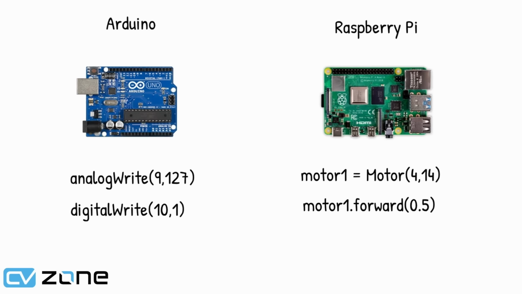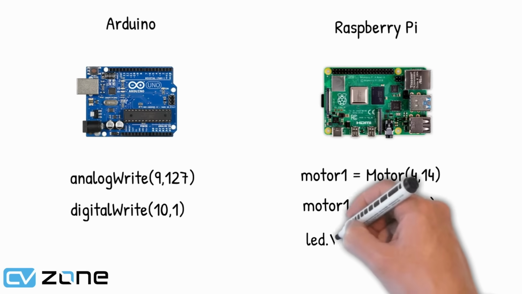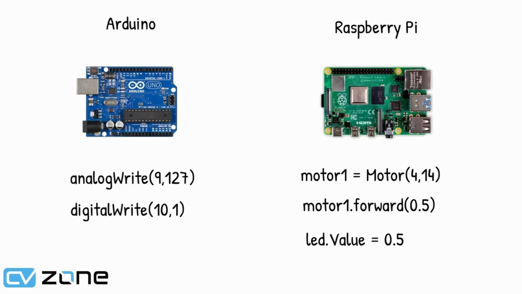To control another device such as an LED, the Arduino code would be the same using analogWrite. But for the Raspberry Pi, the PWMLED module could be used, where the value of the PWM can be specified by writing led.value, and this value is basically the percentage. For example, in our case, it is 0.5, which means 50%.